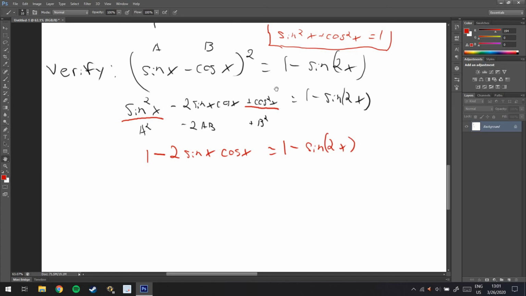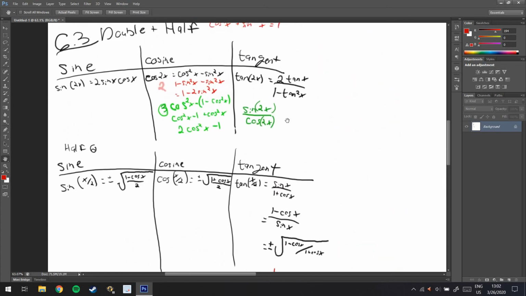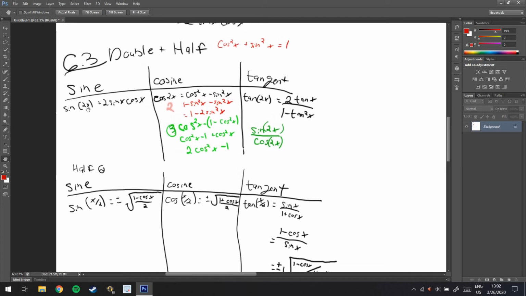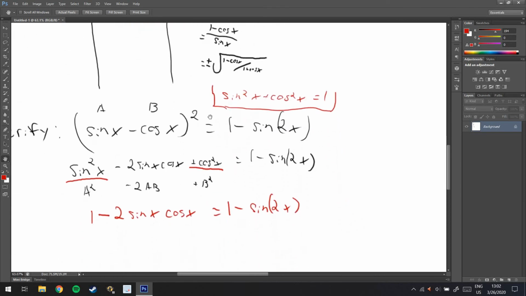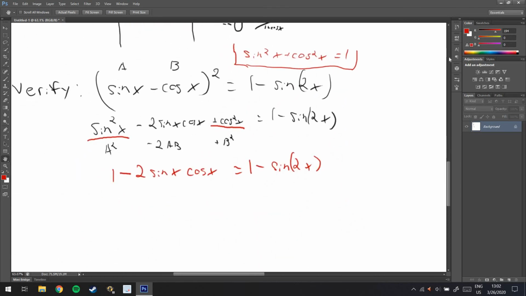I'm going to draw us back really quick to our double angle for sine. Sine of 2x is equal to 2 sine x cosine x. I have 2 sine of x cosine of x.